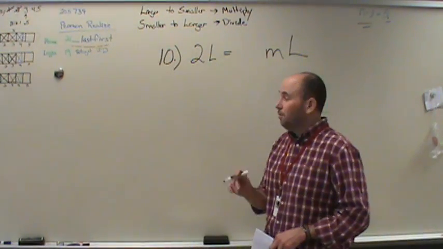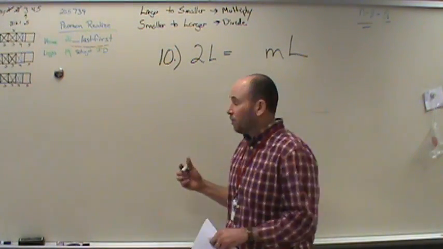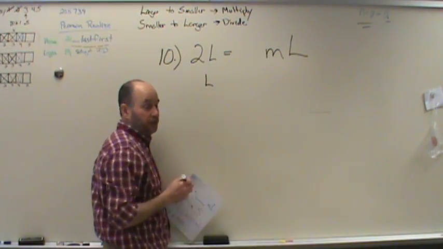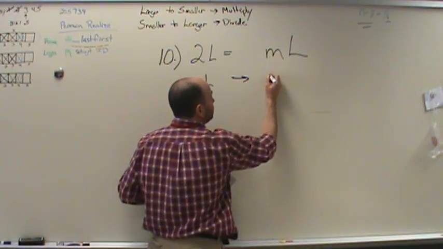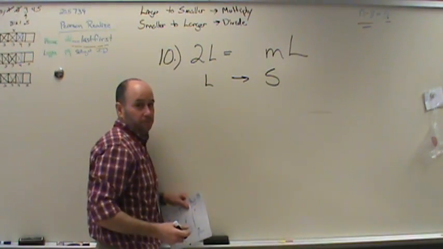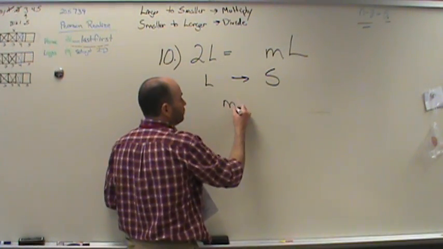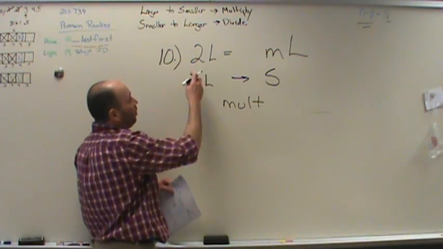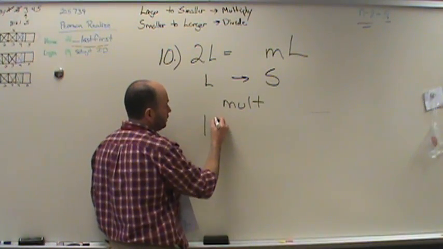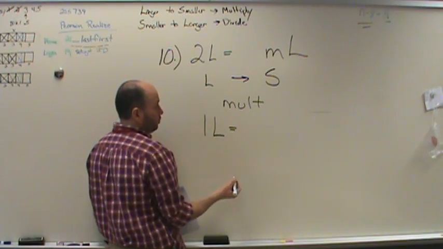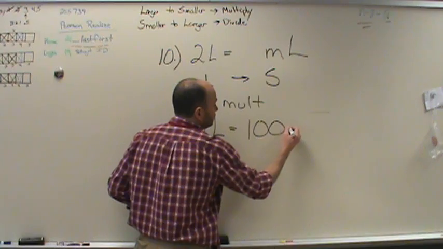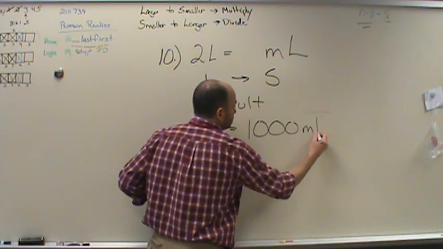Okay, here we go. To start off with, we are going from a larger unit to a smaller unit, so we know we have to multiply. We know that 1 liter equals 1,000 milliliters.